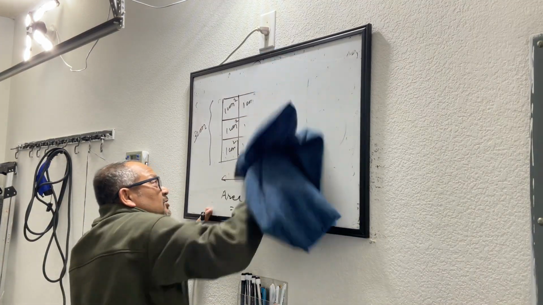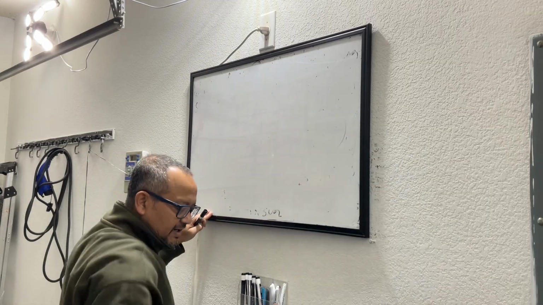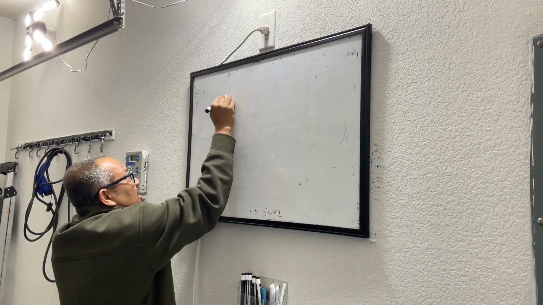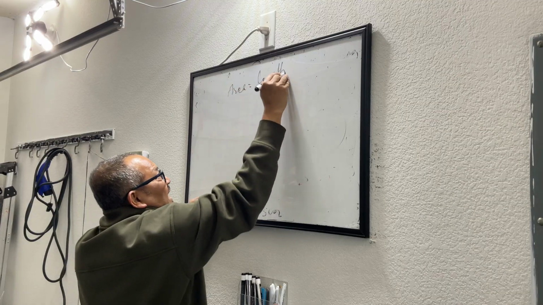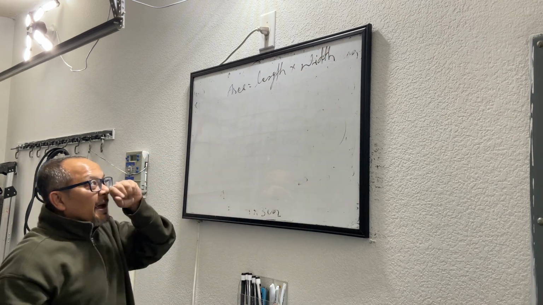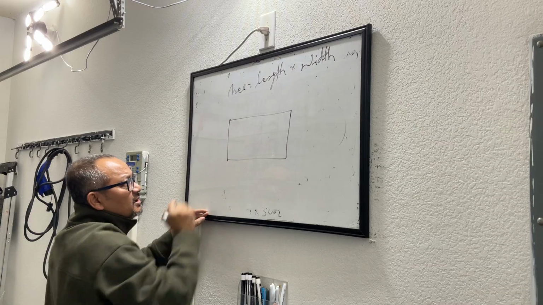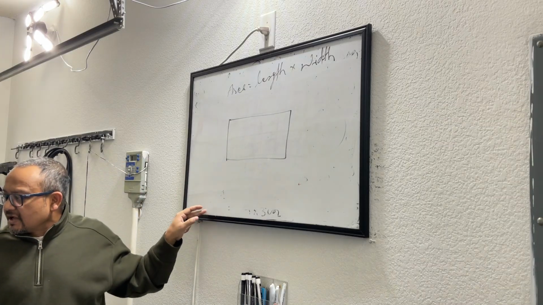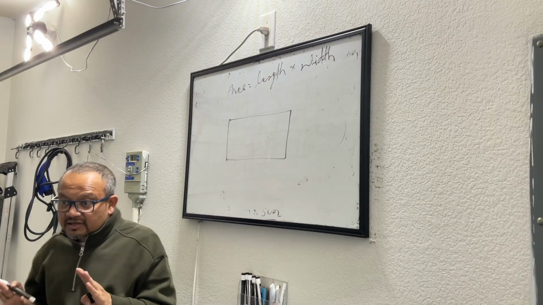So we just talked about area of a rectangle. Area of a rectangle is length times width. And if I am talking about perimeter of a rectangle, there is no rocket science here. Simple thing, you don't have to memorize the formula even.